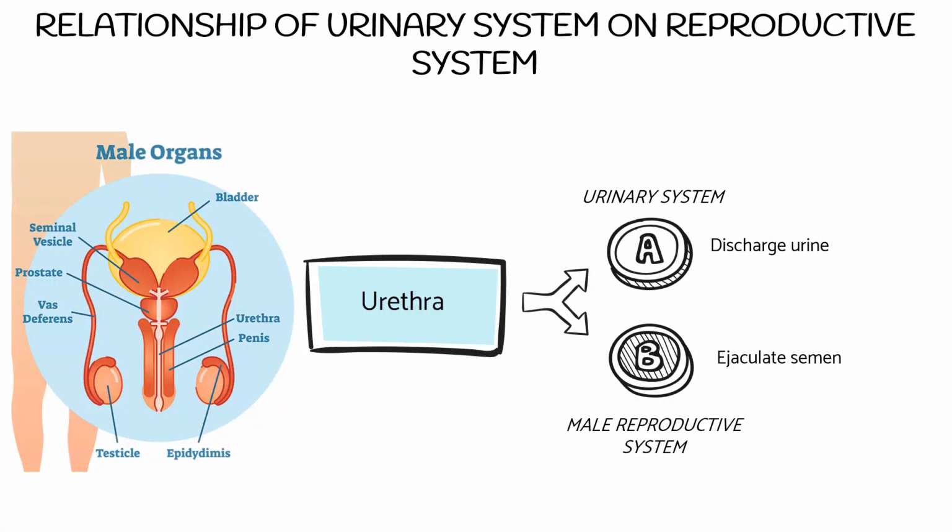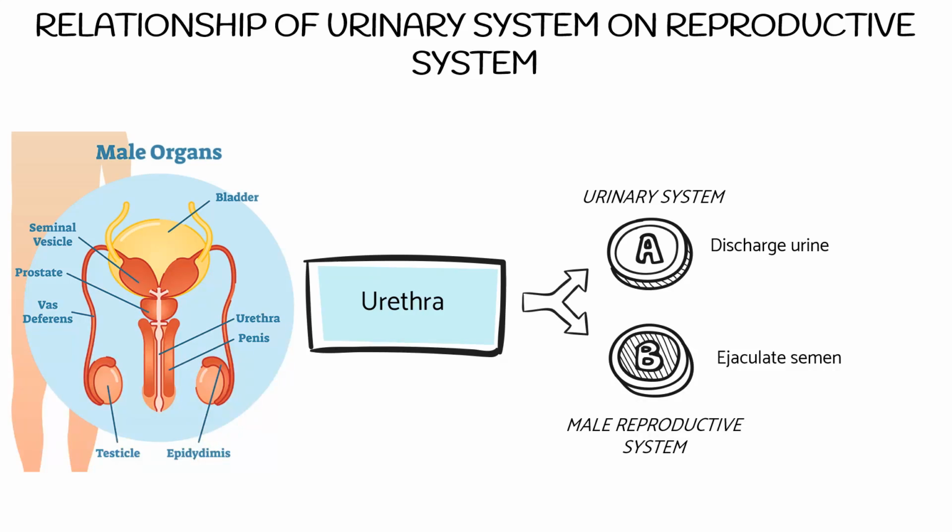Next, we move on to the relationship of urinary system on reproductive system. For male organs, the urinary system is also important for the reproductive system because they share some similar parts in terms of anatomical structure, especially in male reproductive system.